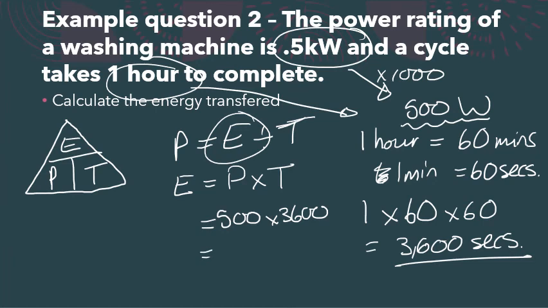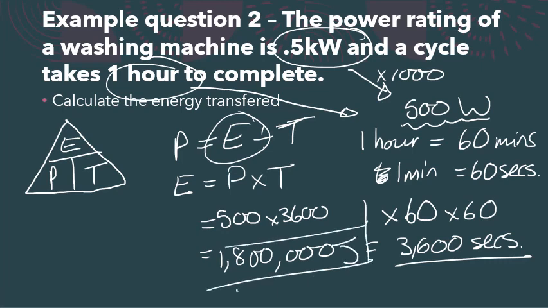And if we multiply those together, we get energy is equal to 1,800,000 joules. So this here is our answer. Now I suppose you could convert that into megajoules, which would be 1.8 megajoules of energy.